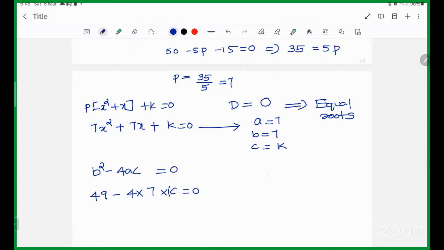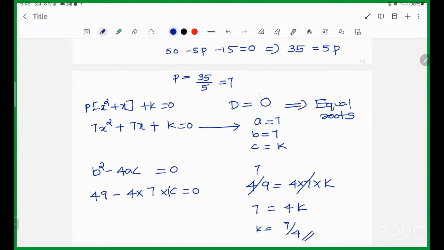So 49 equal to 4 into 7 into k. Cancelling 7 and 7, we get 7 equal to 4k. Therefore k equal to 7 by 4.